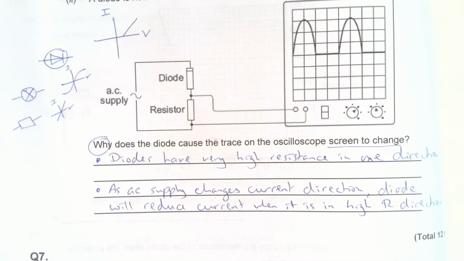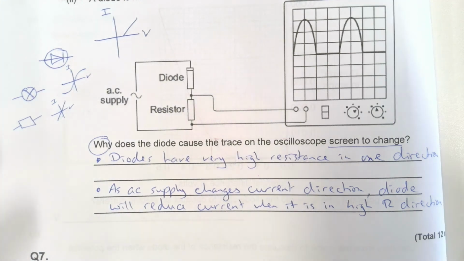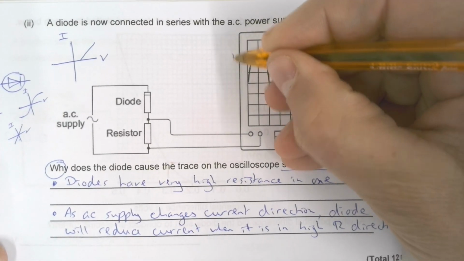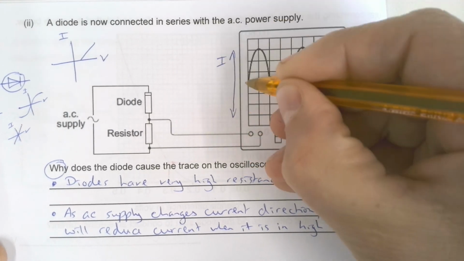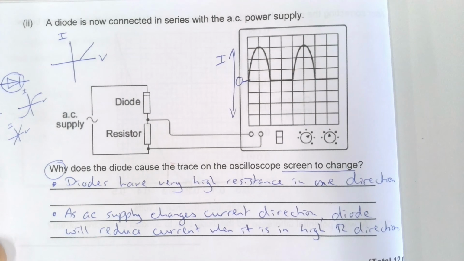So when the current is trying to be pushed down that direction, you don't get any current at all. So this here is I, and that's 0 there.